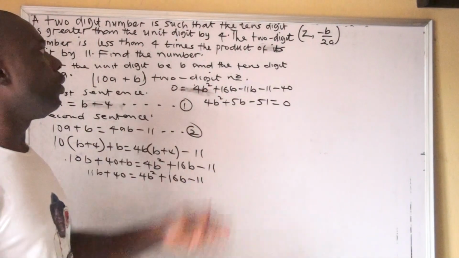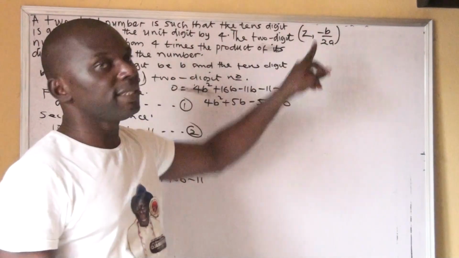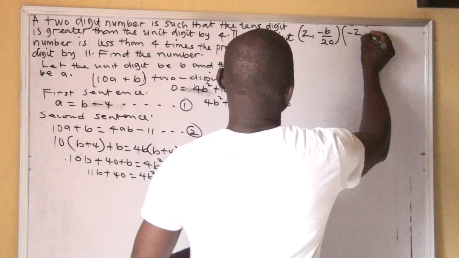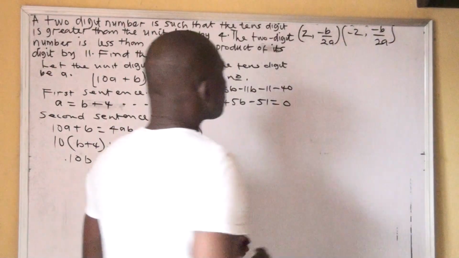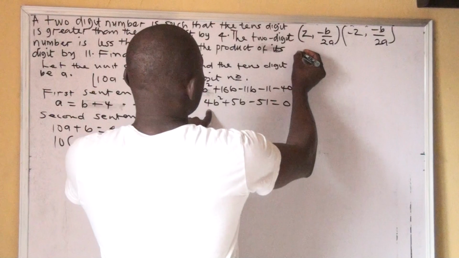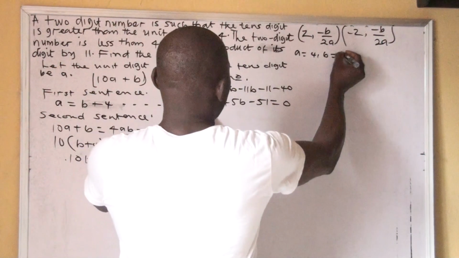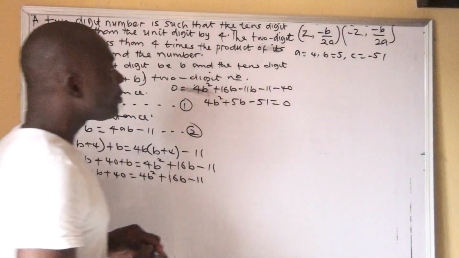So from the push and low, we're going to find minus b over 2a, then we're going to find z. So this is one set, then the other one is minus b all over 2a. First of all, in this equation, our a is 4, b is 5, and our c is equal to minus 51.